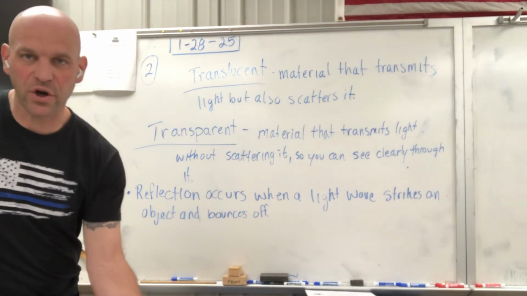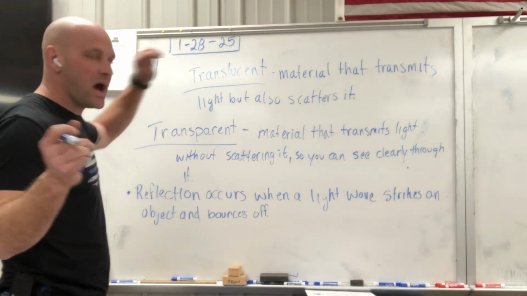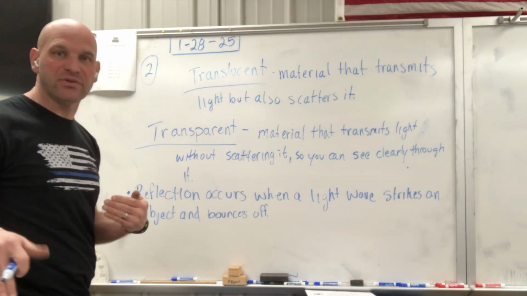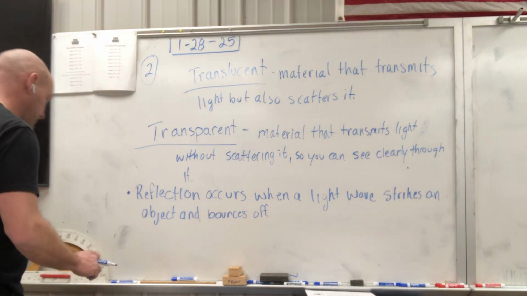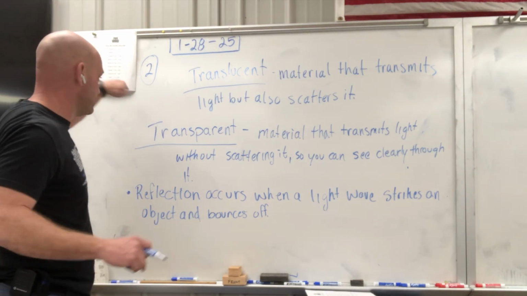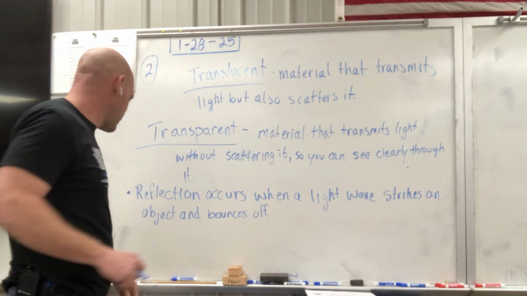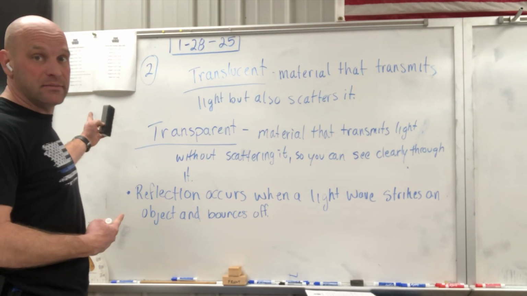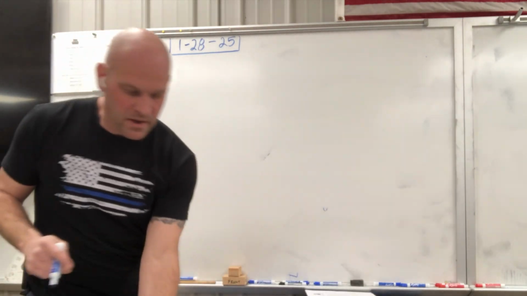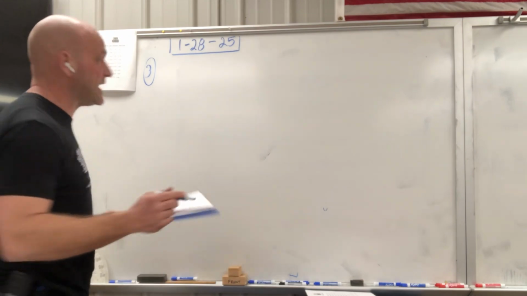So reflection occurs when light hits an object and that light bounces off. There is reflection occurring on this, and the light is bouncing off. Screenshot if you need it. There is a law of reflection.